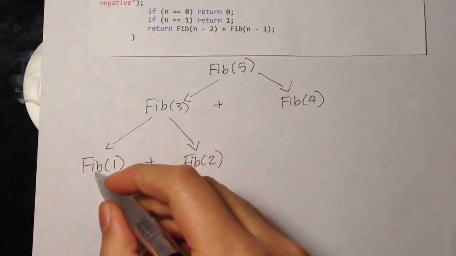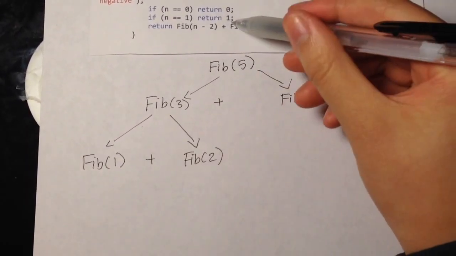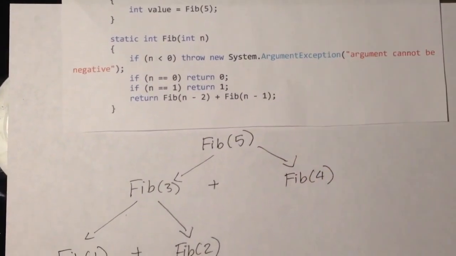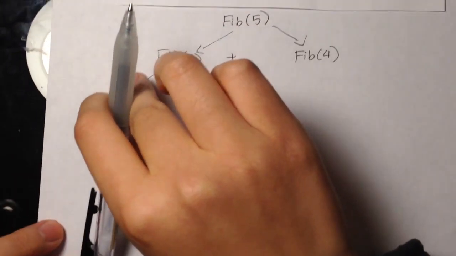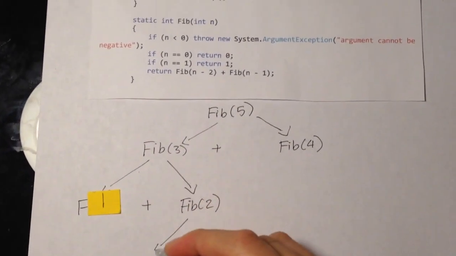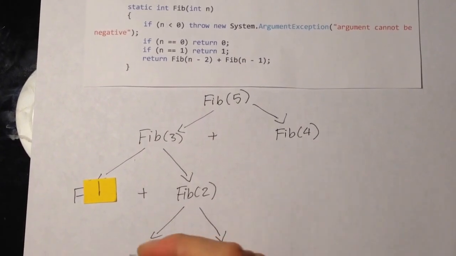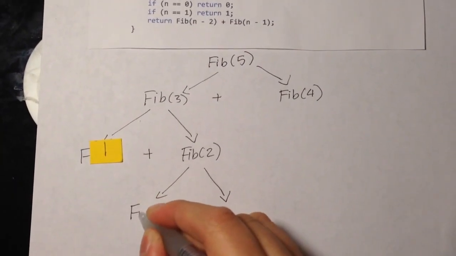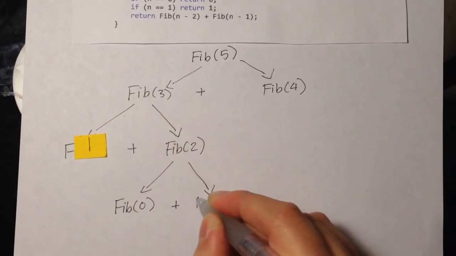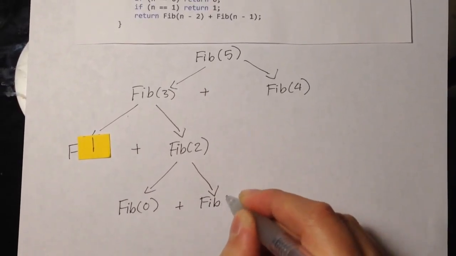When we call fib 1 in the main function, we reach a termination condition over here. So we return a value of 1. So we call fib of 2 to get fib of 0 plus fib of 2 minus 1, 1.